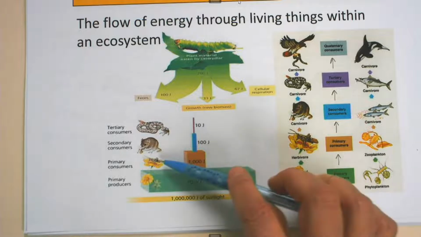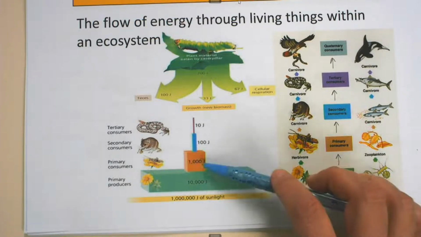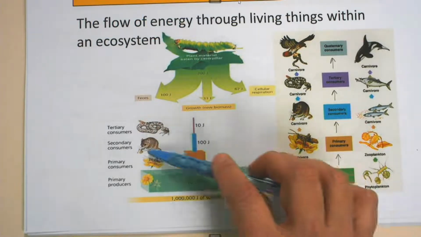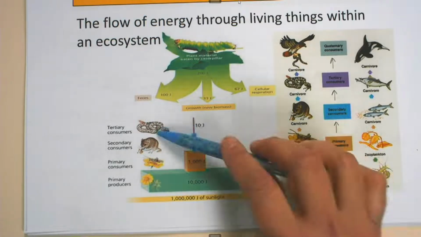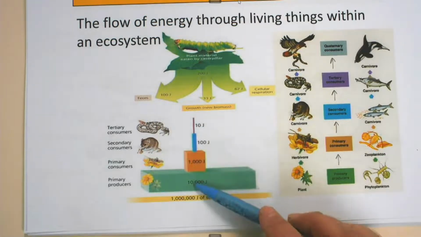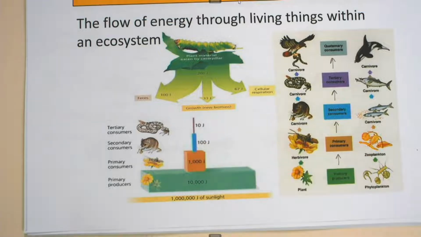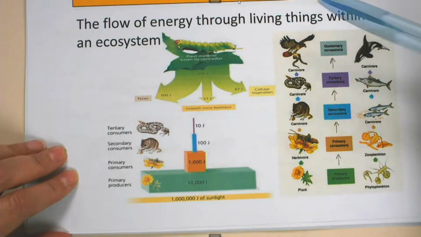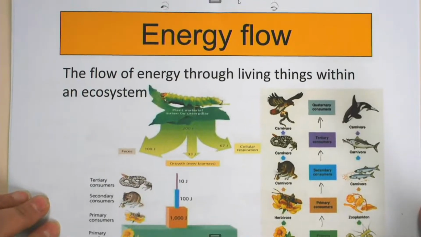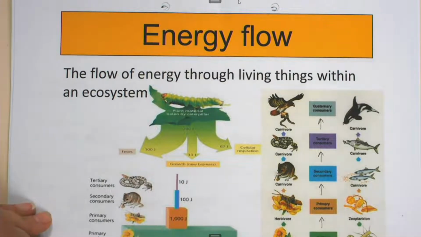But when the locust eats the plant, it produces 1,000. And then the mouse only 100, and then the snake only 10. So every time I go from one level to the next level, I'm losing energy. That is energy flow then. Right? That is how the energy flows from one level to the next level.